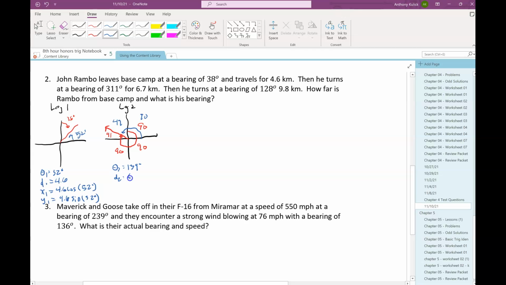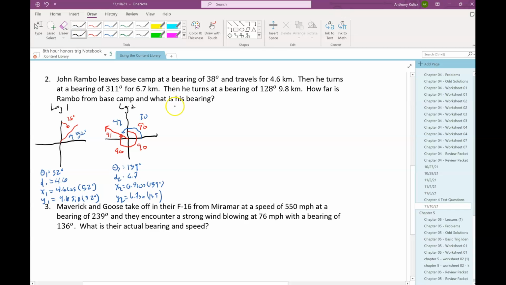The distance on that is 6.7. So 6.7 cosine 139. And then the vertical is 6.7 sine 139. Doing okay so far, Paul?